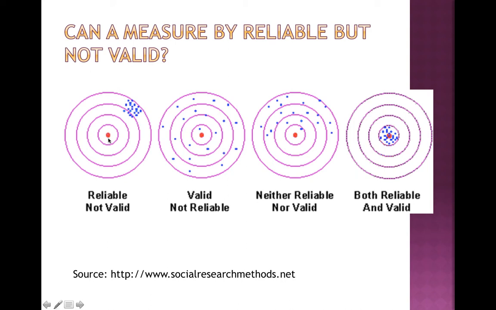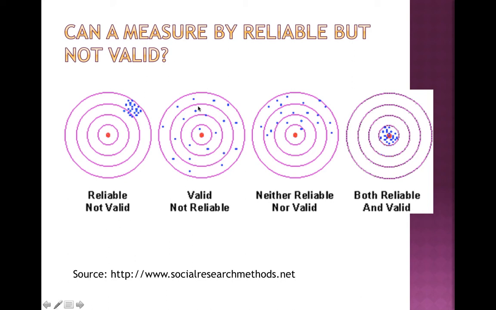As you can see, say there are 20 dots here, we surveyed 20 people and here are all their answers. They're all answering within the same area, so the instrument is very reliable in that it gets you the same results. However, it doesn't measure what it's supposed to measure, which makes it not valid.